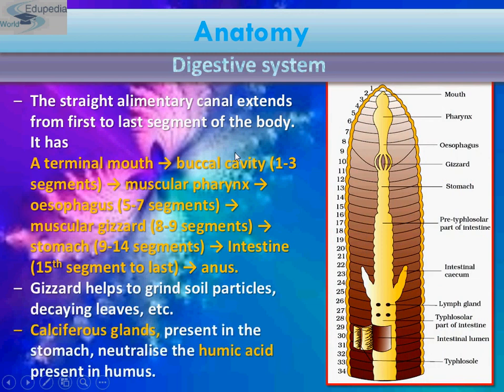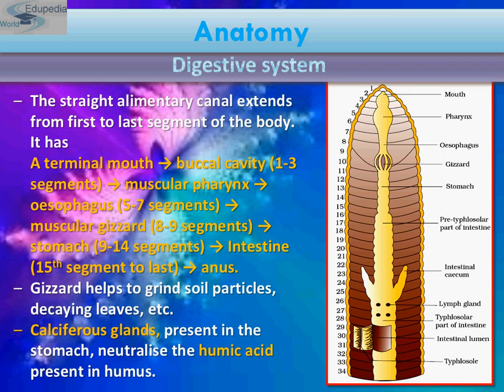Now comes the digestive system. As we know, the digestive system is partitioned into many regions, each with a certain function. It consists of the pharynx, esophagus, crop, intestine and gizzard.